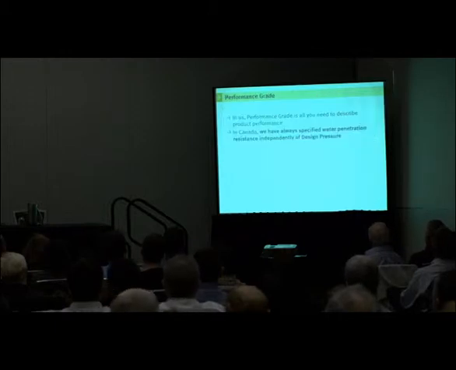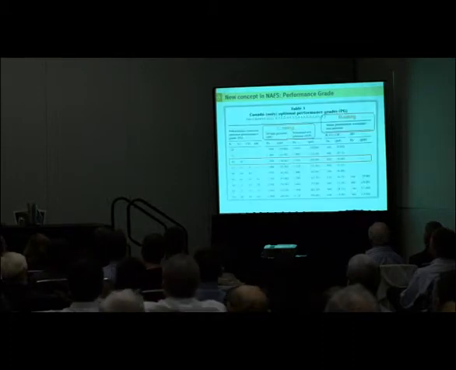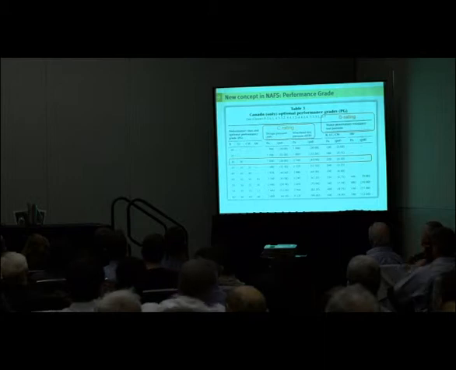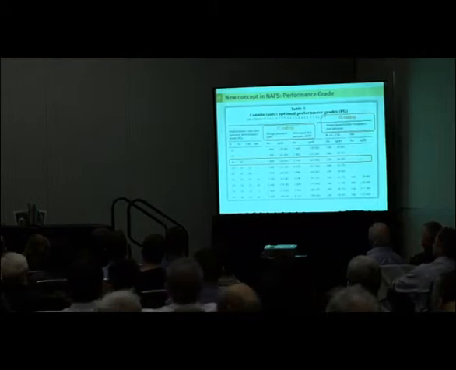In the US, a performance grade is all you need to describe your product's performance. When you say I have a PG 20 product, a PG 30, a PG 50 product, it means that that's all that's required to be specified. And that's because in the US, they don't have a good way of determining what level of water penetration you need. They just make it a percentage of the design pressure, 15 or 20%, depending on the product class.